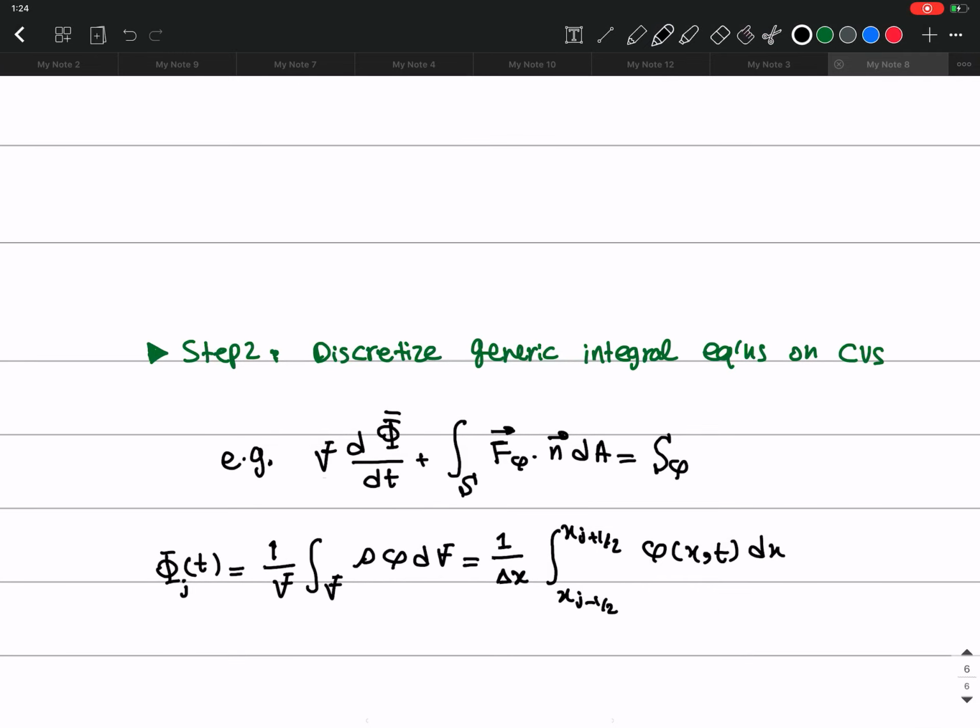And then let's look at S, which is this term, S phi, another volume integral.